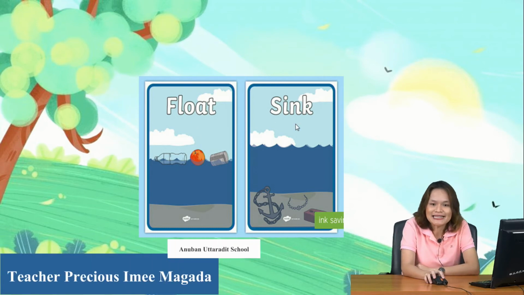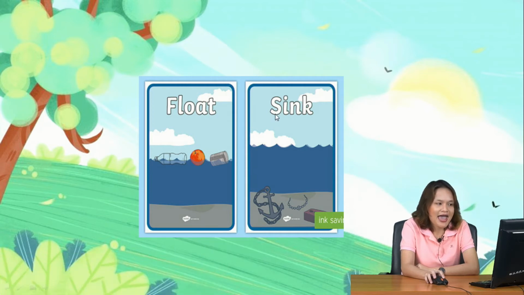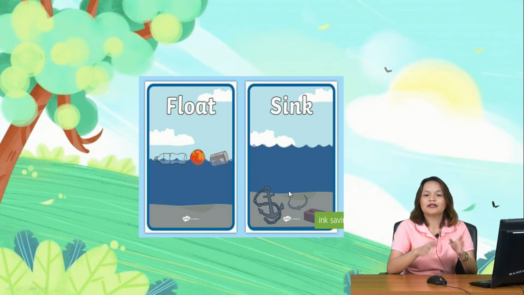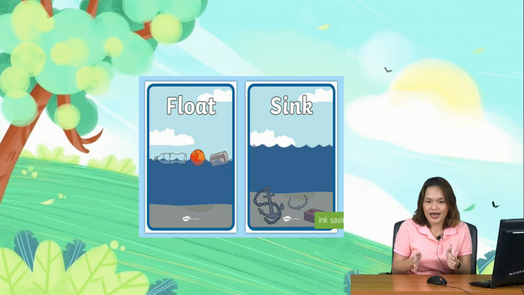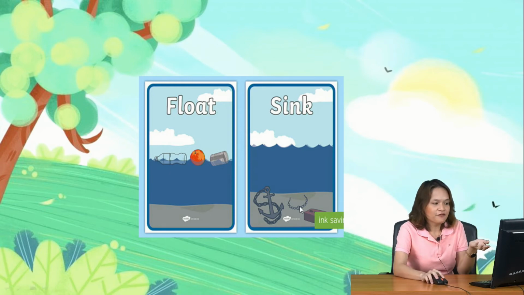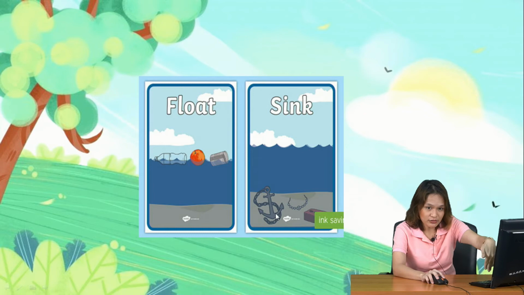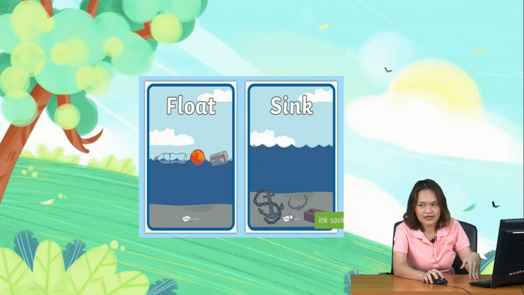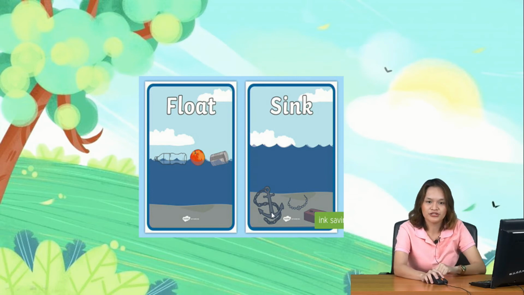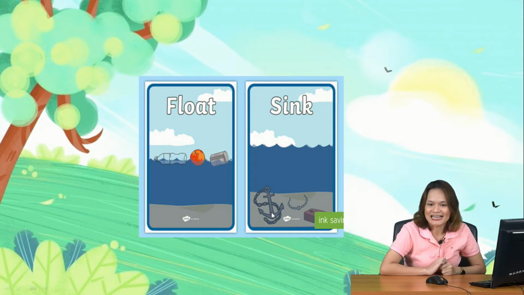How about sink? S-I-N-K, sink. In sink, if you put an object inside the water, and that object goes down, it did not stay up, they go down in the water, it's called sink.